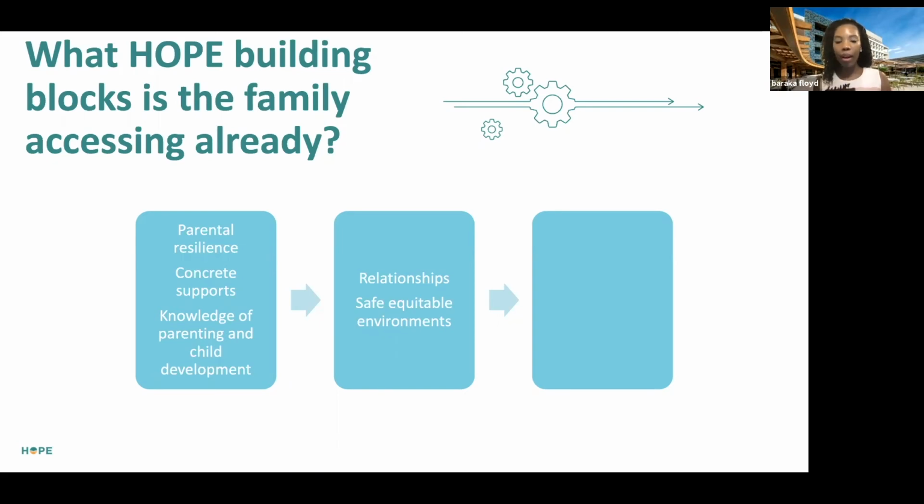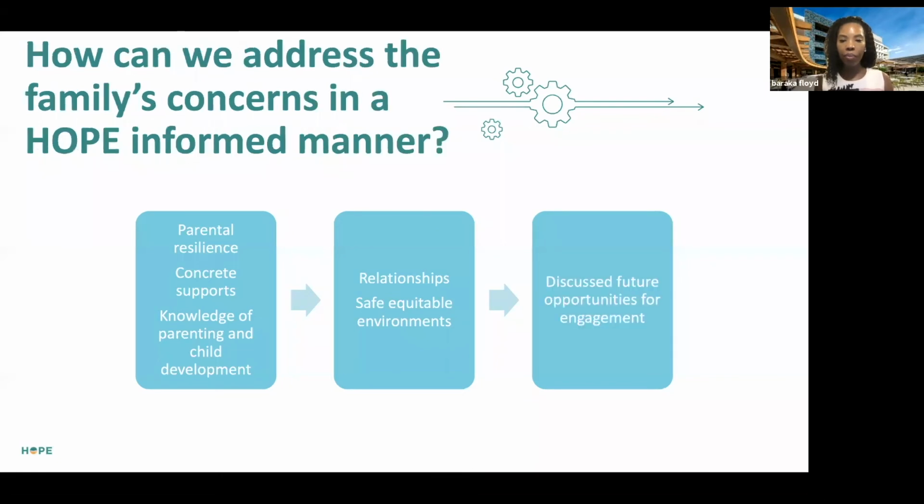And then as we start to think about what we can do to address this family's concerns in a hope-informed manner, what we did in this visit was we really leaned into opportunities for future engagement. Because mom was finally ready to get therapy for herself, we focused on one resource, really because of that. So what we did was give mom a therapy referral for her and for her boys.